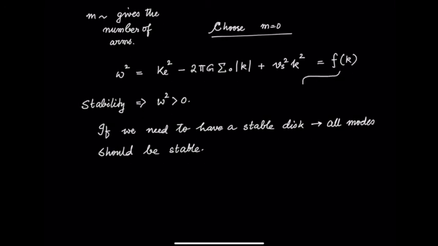Now see, fk is the equation of a parabola. A parabola can be either this way or can be this way, right?